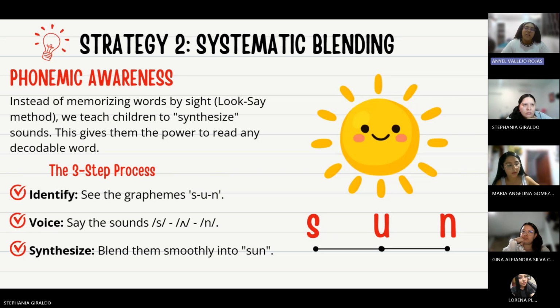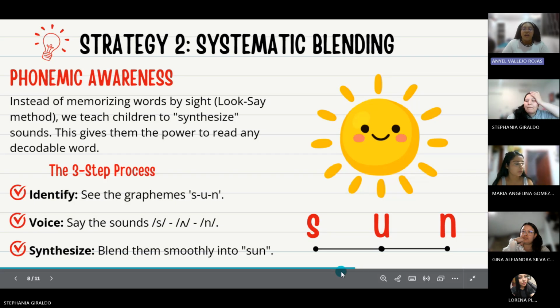So this helps children become more independent readers because they learn how to decode unfamiliar words and to see patterns in the words. The next.